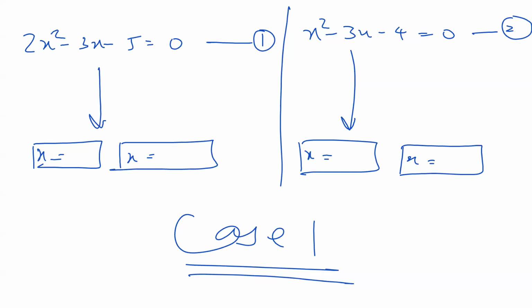So one of them is -1 and the other one is, what is the other one? Come on, guys. 5/2. Here also one of them is -1.